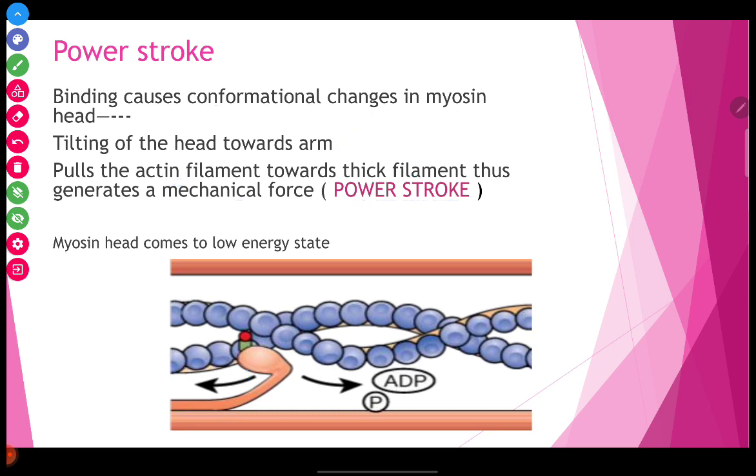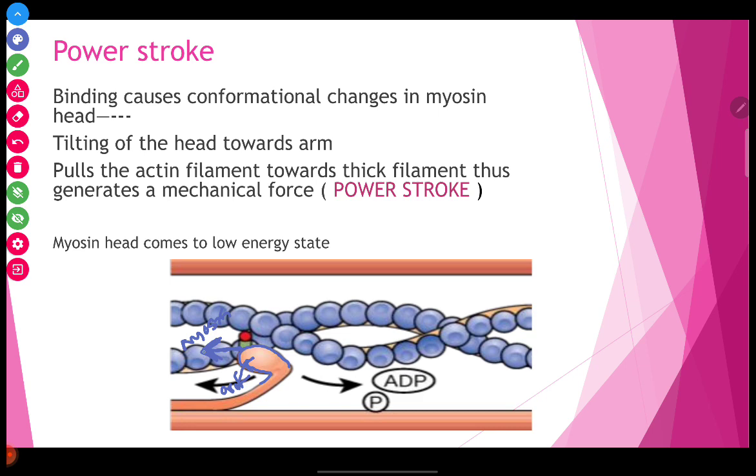So what happens in the power stroke? As we can see, this myosin head is attached to the active site on the actin, and due to its attachment, there is a conformational change happening on the myosin head, due to which the myosin head tilts towards the arm of the myosin, and during this tilt, it pulls the actin filament toward the center of the myosin filament.